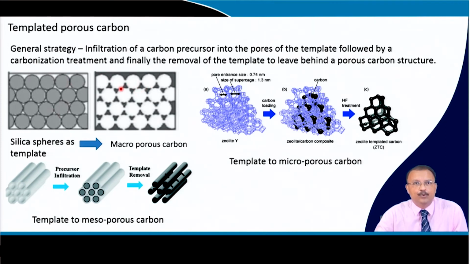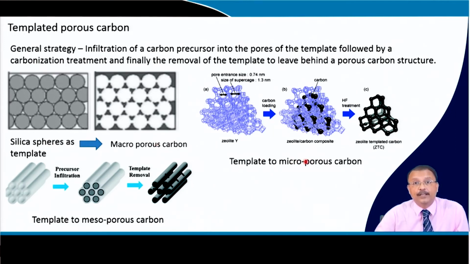So, these pores are very well defined, and depending on the template that you are using, you get a bigger pore. Silica spheres are sometimes used, which can easily be removed by hydrofluoric acid treatment, and you get a very neat porous structure, and this is basically macropores of carbon.